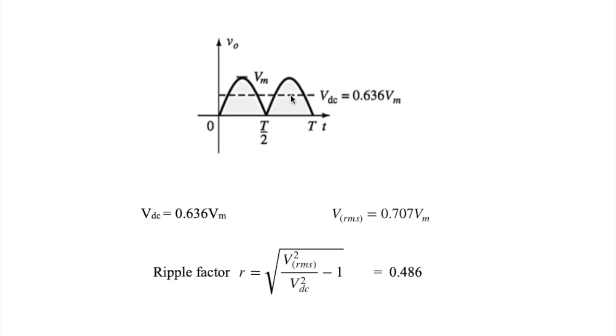To obtain the DC level of this signal, we will have to know the voltage corresponding to the peak of this particular signal, which we will denote as Vm. Once Vm is noted, we can calculate the DC voltage at the output as 0.636 Vm and the RMS value of the time variation at the output as 0.707 Vm.